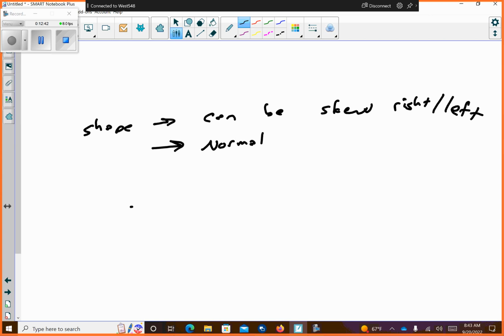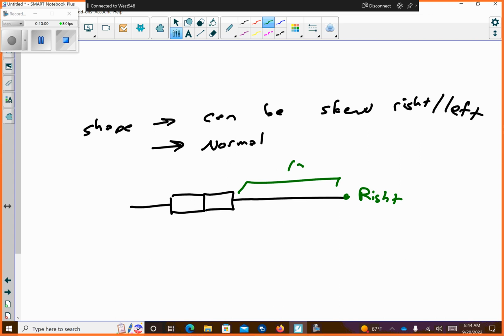So shape, when we have something like this, we could say something about that shape. What do you think? Skew right or skew left? Yeah, this is a skew right, because this tail here is larger than the other side. If the tail was bigger going the other way, it'd be skewed left. The IQR isn't going to necessarily tell you about skewness. It's whatever is pulling to the right or to the left.